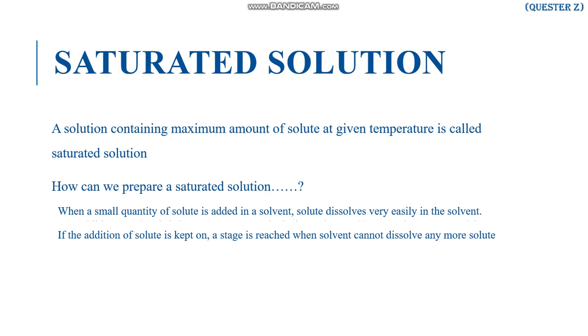At that stage, the solution will become the saturated solution. It means if you keep adding salt in the glass of water, a stage will be reached when salt will not dissolve in the glass of water. So it will remain undissolved at the bottom of the water, or solvent, or solution you can say.